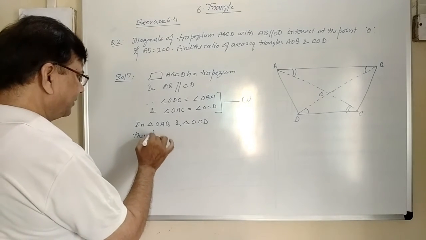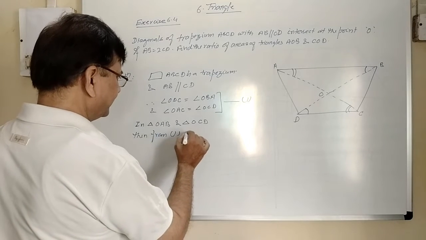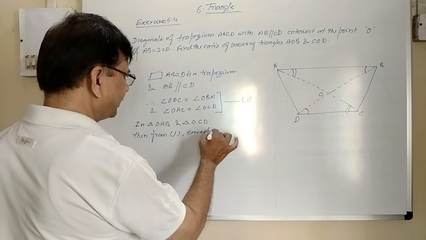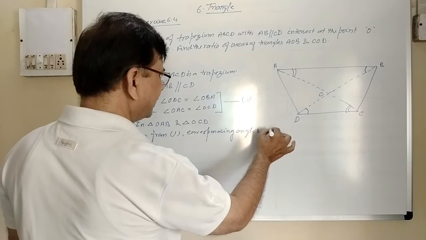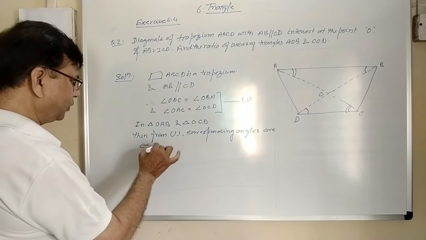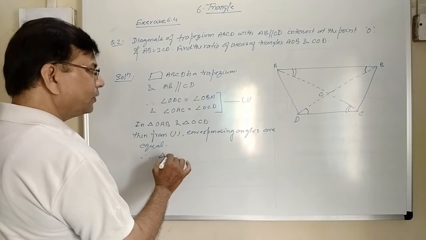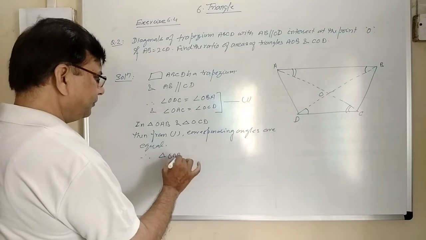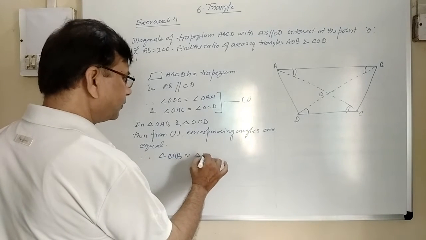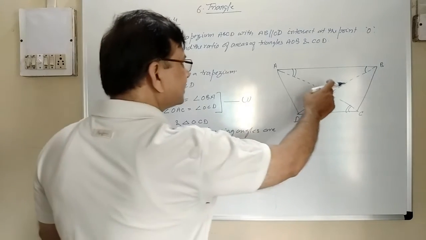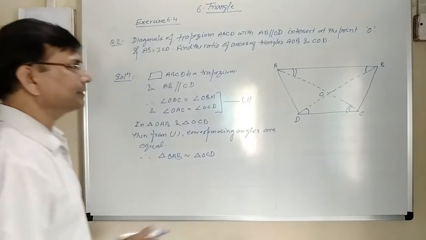Then from 1, corresponding angles are equal, therefore triangle OAB is similar to triangle OCD. Means OAB and OCD, these two triangles are similar, right?